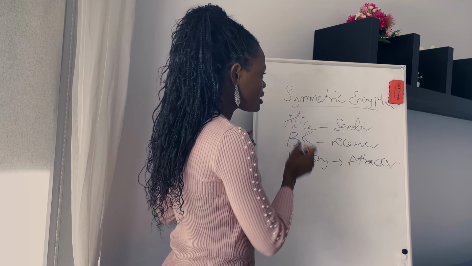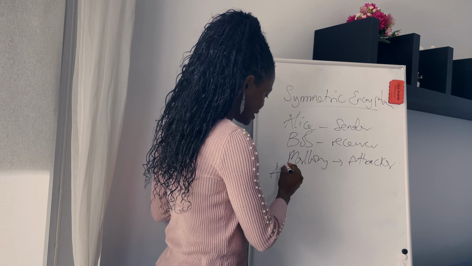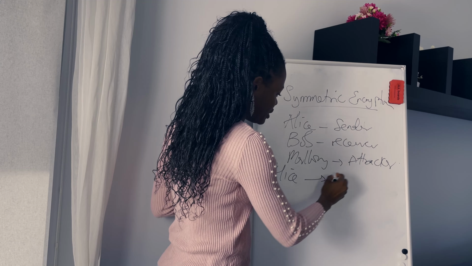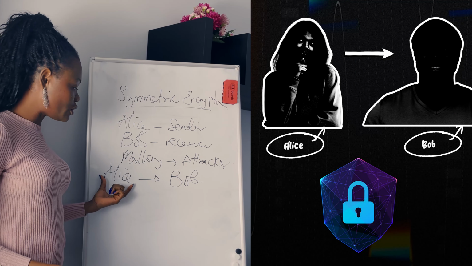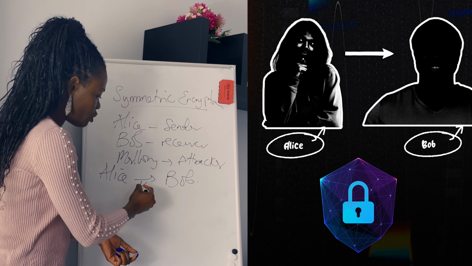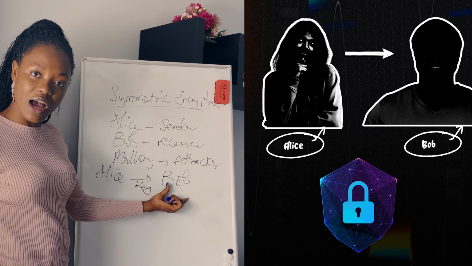So for symmetric encryption, Alice is the sender and Bob is the receiver. So Alice needs to find a way to send the key to Bob so that Bob can also have this key.